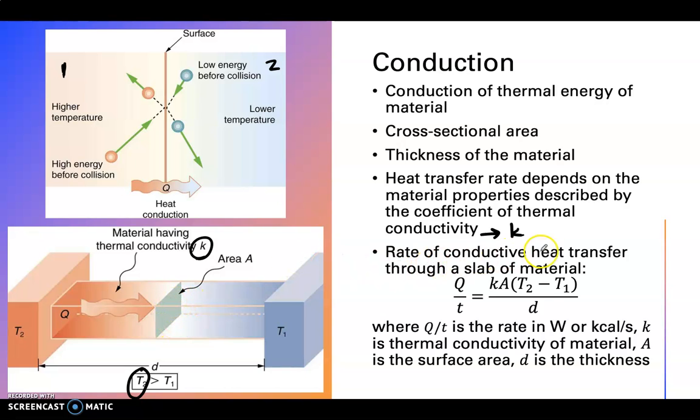So the rate of conductive heat transfer through a slab of material is described by this equation. Q over t, that's the rate of the heat transfer, is equal to this thermal conductivity coefficient K times the area A where they're touching, times T2 minus T1, so the hotter temperature minus the colder temperature, divided by the distance d, the thickness of the material.